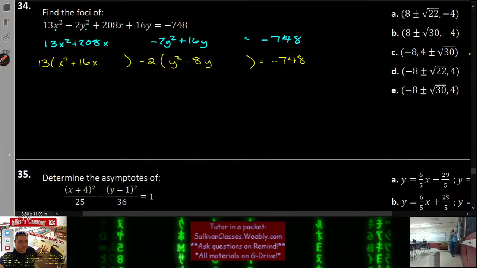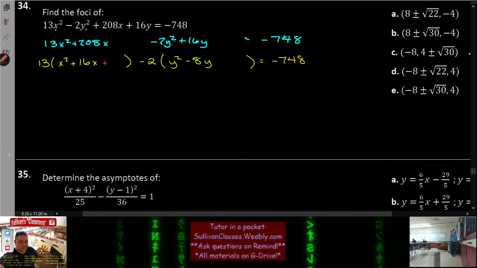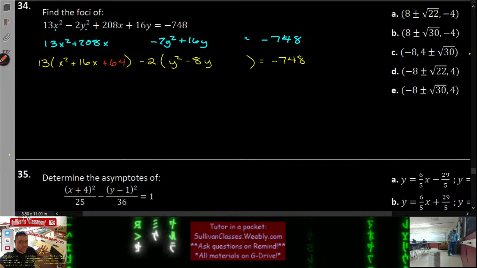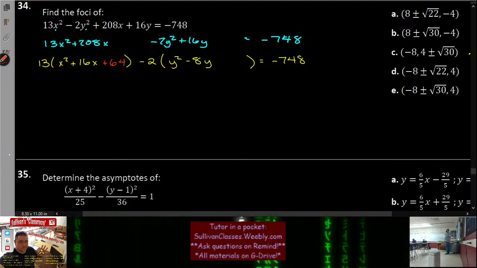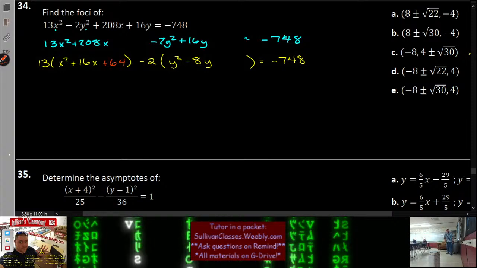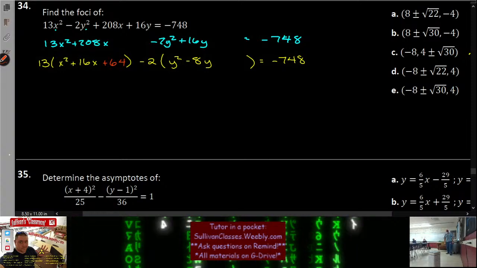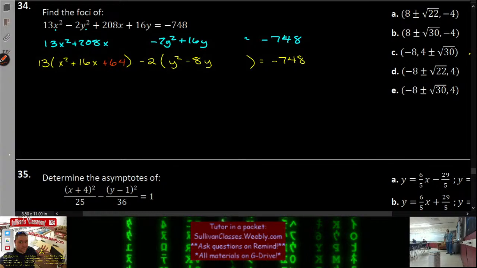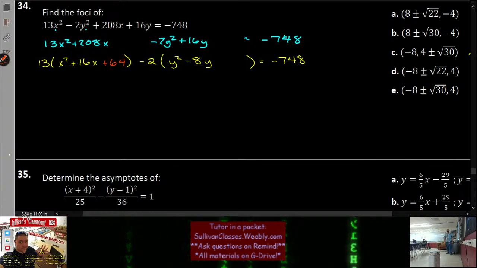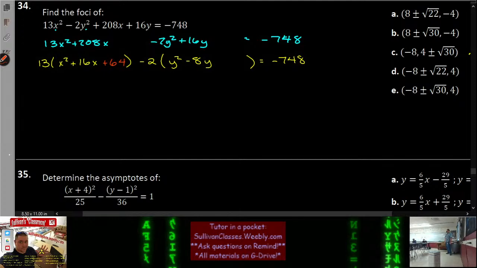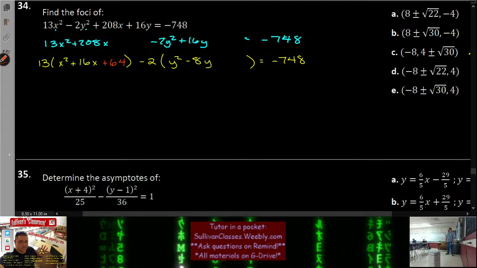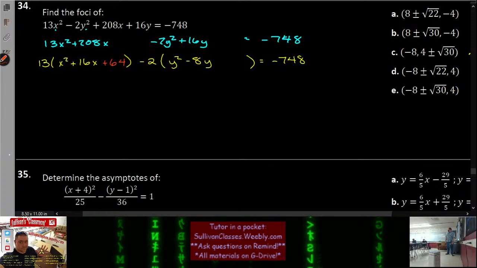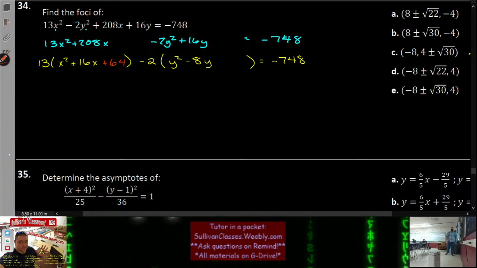Complete the square. Half of 16 is 8. 8 squared is 64. Did I really add 64? No. I added 13 times 64, which is 832.